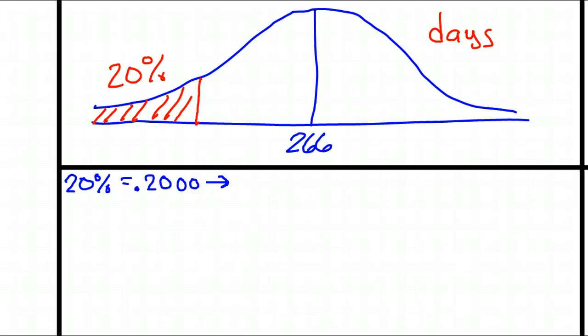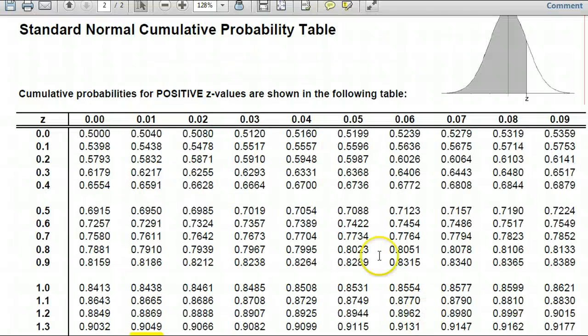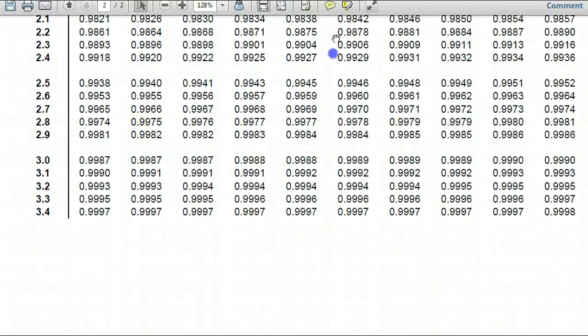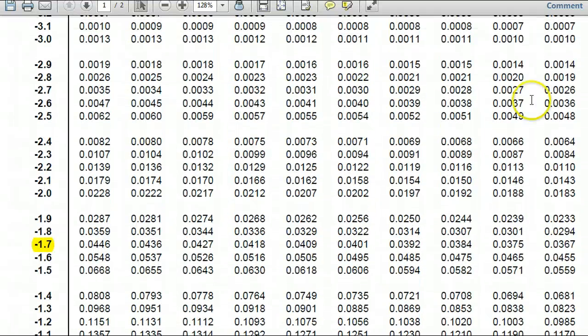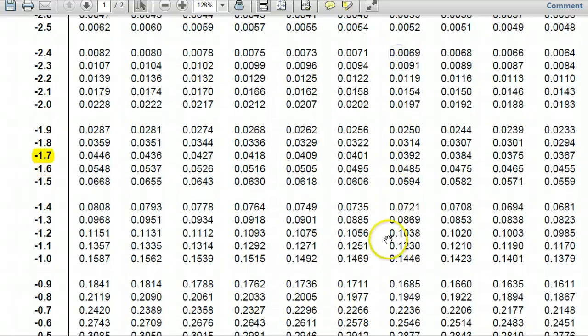Okay, so now let's look at the table. 20% is less than the mean, so we're definitely going to be on the negative side of the chart. So make sure you're on the side with the negative z-scores. Okay, now remember, we're looking for 0.2000, or as close to it as we can get.